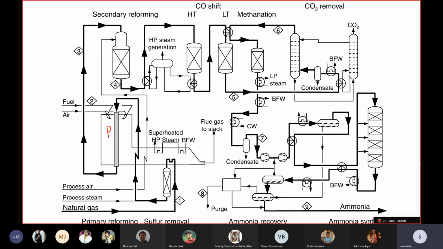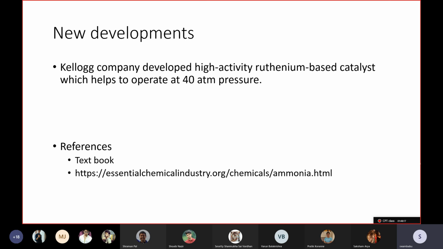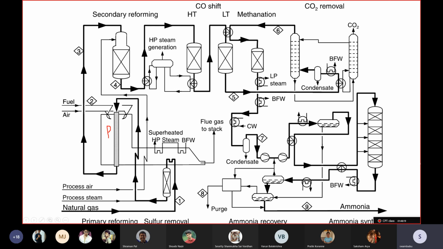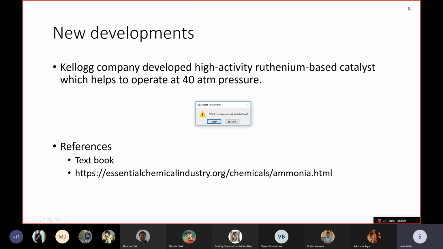So they often have an ammonia recovery or ammonia synthesis plant in these refineries. I will talk about this flow sheet in the next class, and that gives the complete process for the ammonia process.